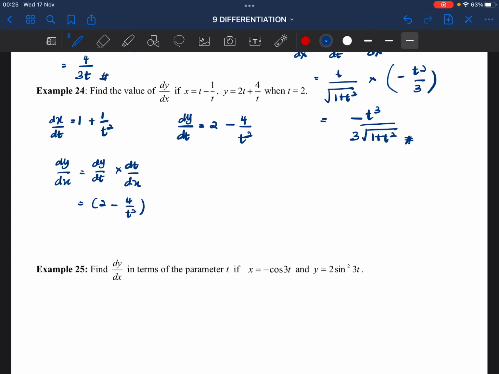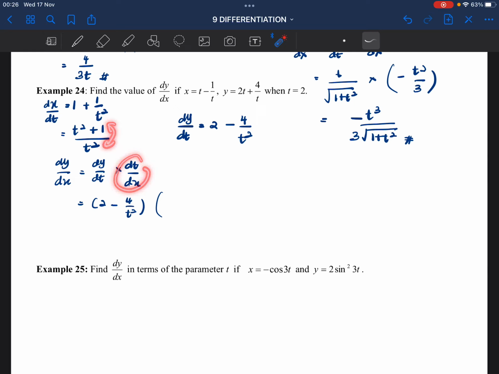And our dt over dx, we have to flip it. So when flipping, if you want to make it easier, if you get an expression like this, we make the denominator the same first. Okay, so here you should get t square plus 1 over t square. Okay, so this and this are the same thing. So when we want to find dt over dx, we just have to flip it. So we have t square over t square plus 1.